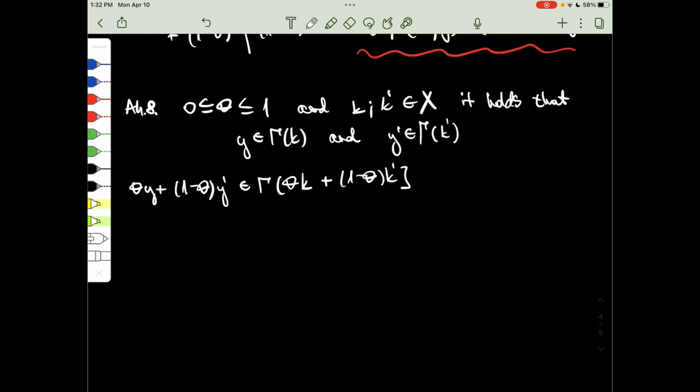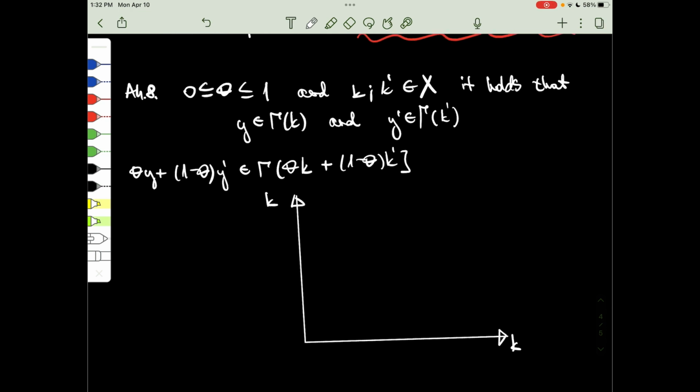So before doing anything, I suggest we have a look at the graph of gamma. So we are trying to analyze visually the state, the graph of gamma.